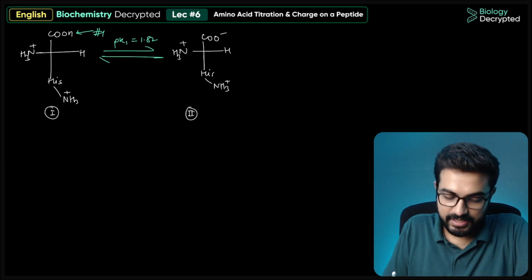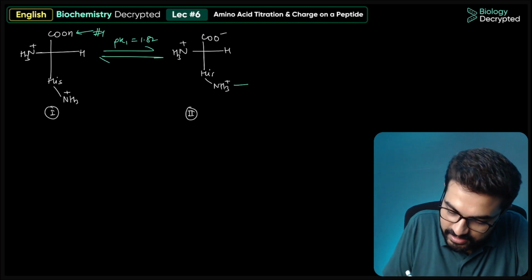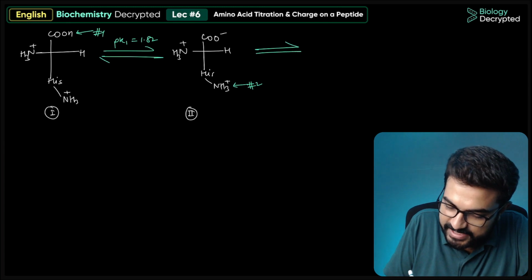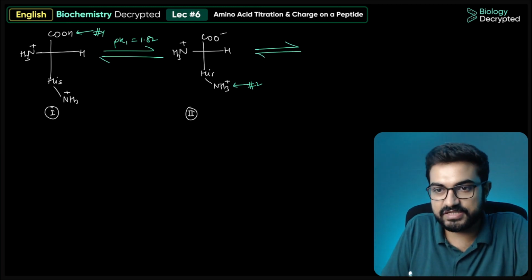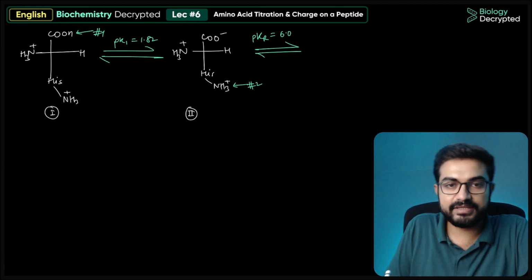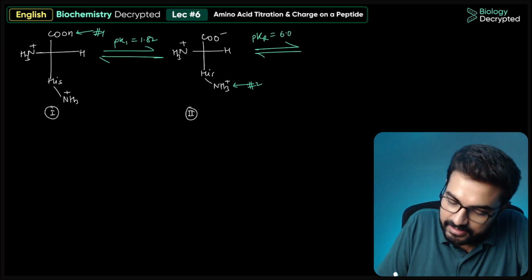Now what will happen? The second target is this one. Another ionization will take place, and the pKr for histidine is 6.0, so at this pH the side chain will get ionized.